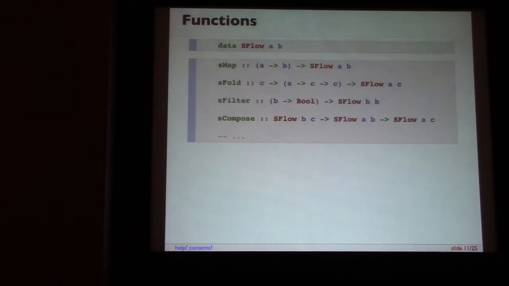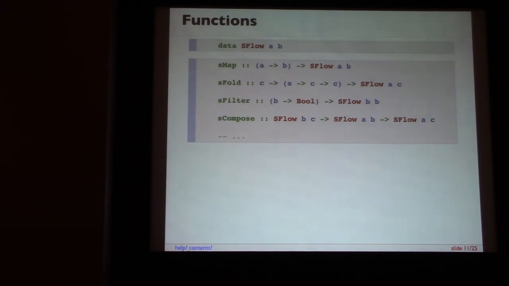So some basic functions. We've got smap, which is a map within sflow. sfold, earlier today we looked at fold p, and this is the same thing essentially. I'm happy somebody made the observation that really it should probably be called scan p or scan, because the analogy is you're going from a list to a list, and here you're going from a stream to a stream, but this is what it's called.